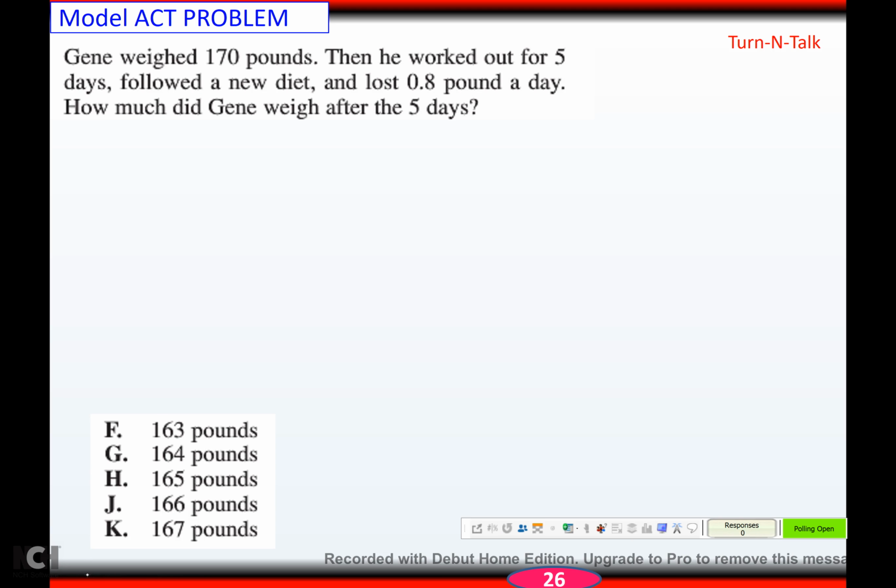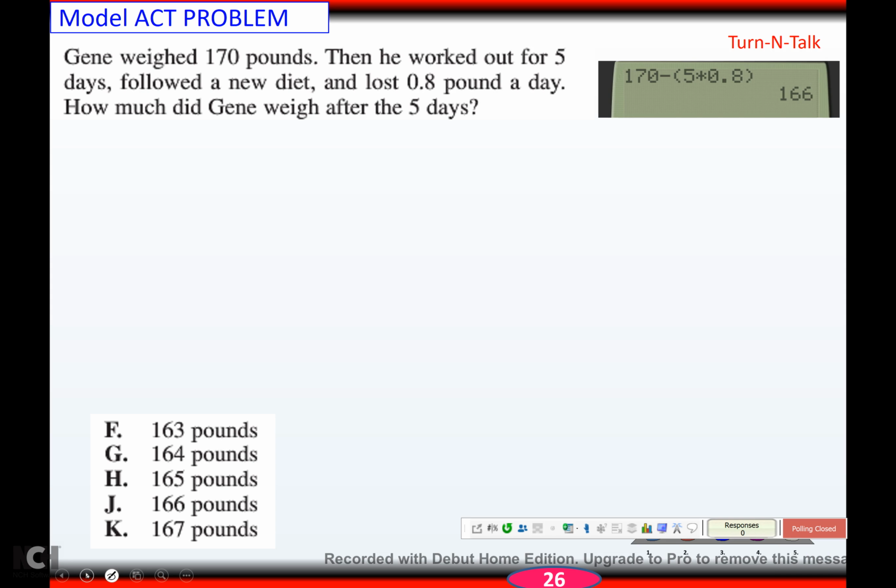Okay, try this one. Hit pause, come back when you're ready. And well, you got J. All right, Gene weighed 170 pounds. Then he worked out for 5 days, followed a new diet, and lost 0.8 pounds a day. How much did Gene weigh after the 5 days?